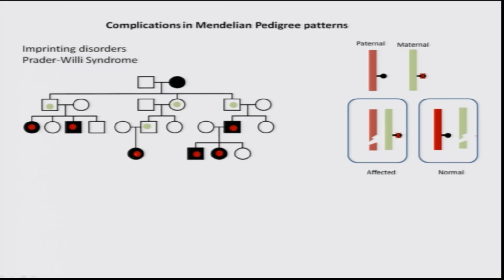Likewise, you see how a defect, depending on whether it is paternal or maternal, in which lineage it is passing through, would end up developing into a disease depending on the parent of origin effect. That is an example of an imprinting disorder, and with such complications, when you look into the pedigree, it would be very difficult to understand the segregation pattern unless you know that they represent an imprinting disorder.